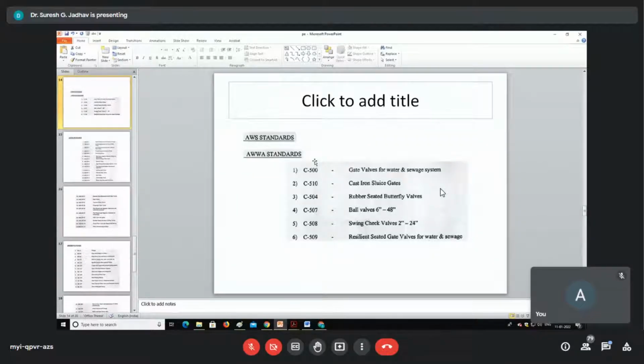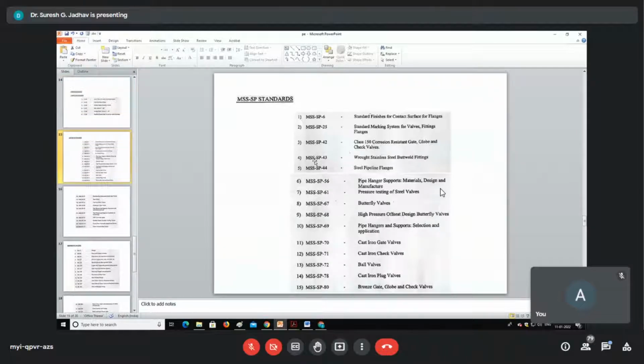Earlier they referred to it, but later they subsequently changed the designations and used the AWWA standards, that is American Water Works Association. That kind of standards we use in different plants.